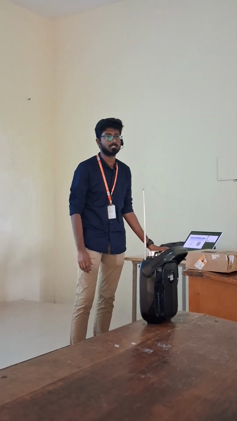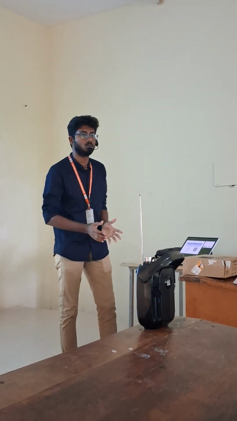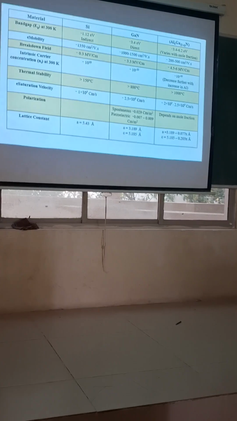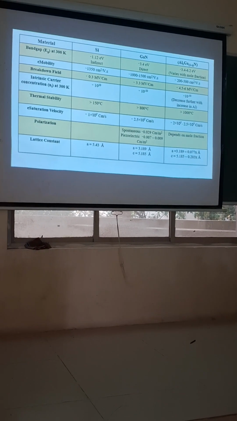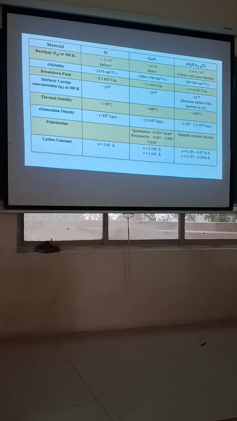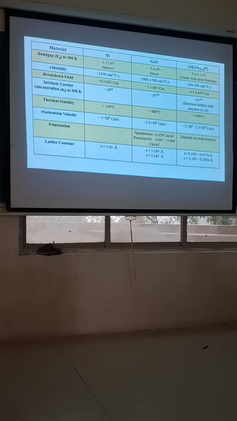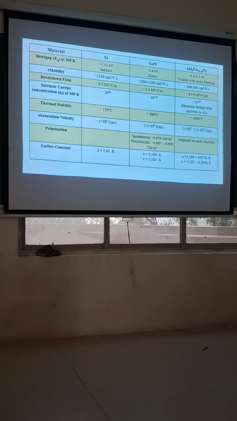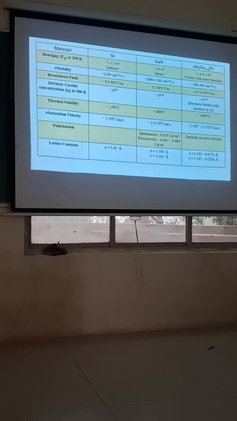Now let's get into the material properties, why we moved to GaN based devices. Silicon has an electron mobility of 1350 centimeters squared per volt per second, and GaN has 1500 centimeters squared per volt per second.